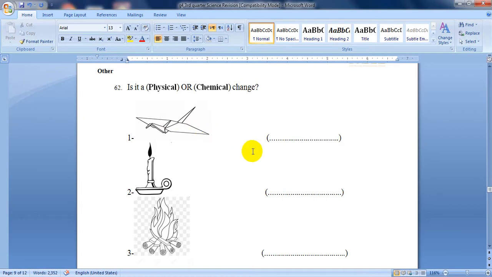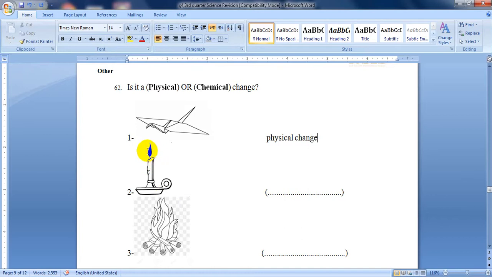So the same substance is here. Which kind of change is it? Physical or chemical? It's a physical change.